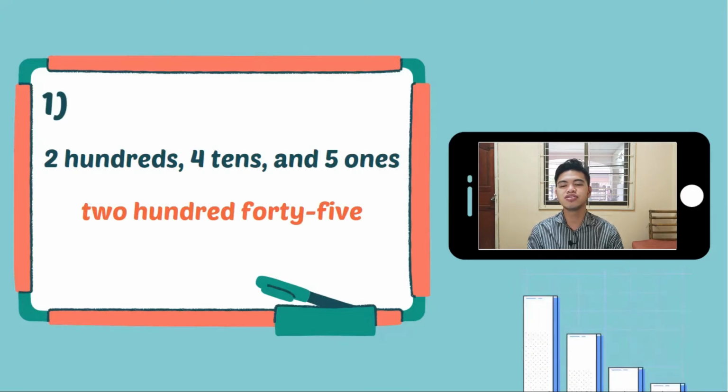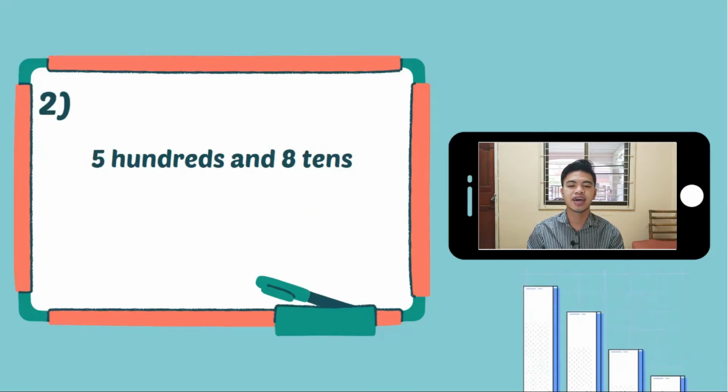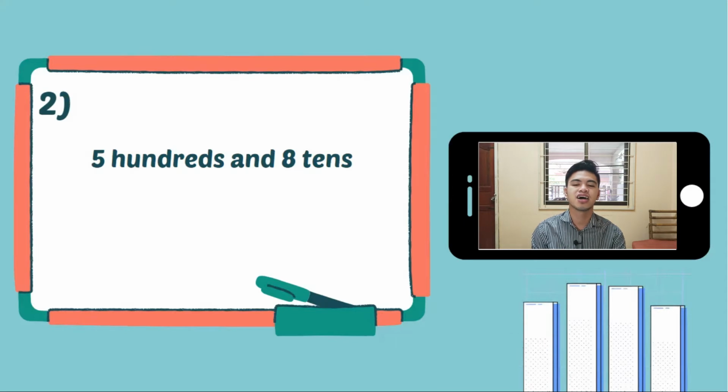Okay, so for number 2, we have 5 hundreds and 8 tens. So how are we going to write them in words? First of all, we're going to find out what number it is. We can write them as 580.